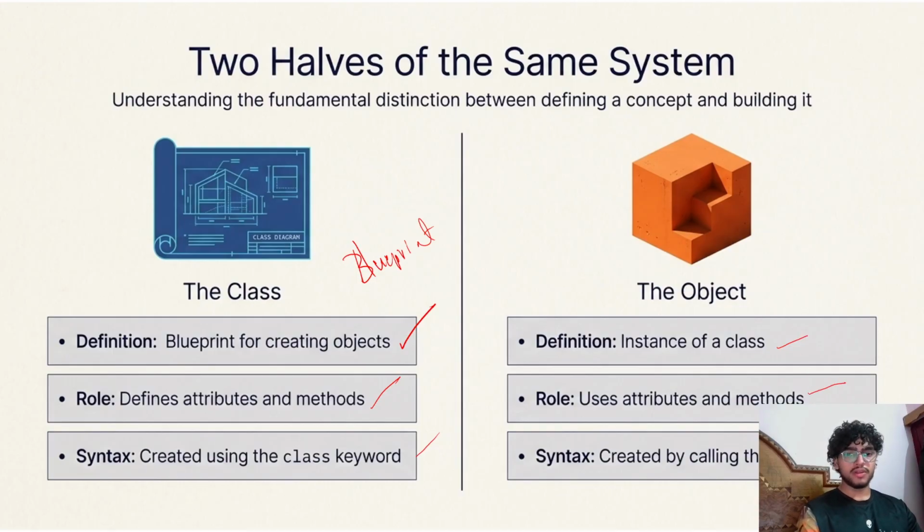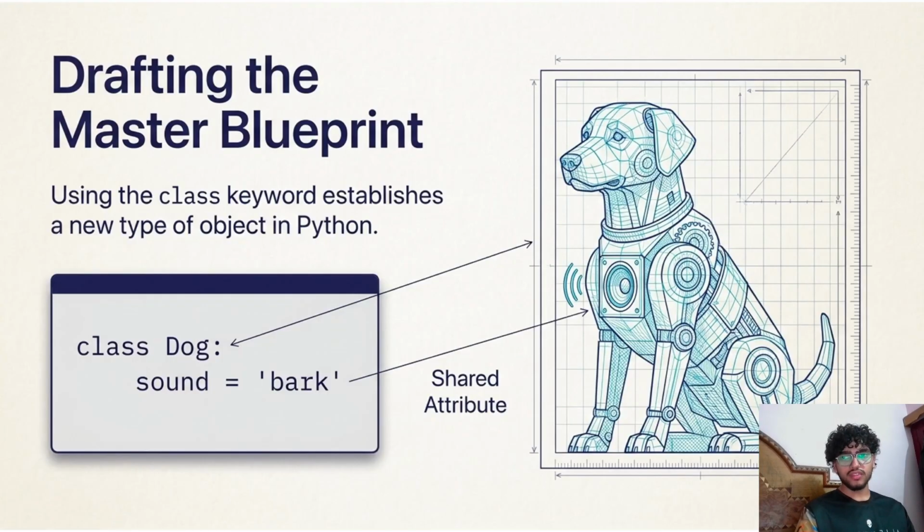It also uses attributes and methods, but there is a difference. You can note it down. Now the syntax is created by calling the class. Drafting the master blueprint using the class keyword establishes a new type of object in Python.